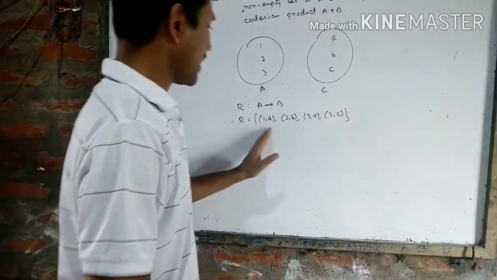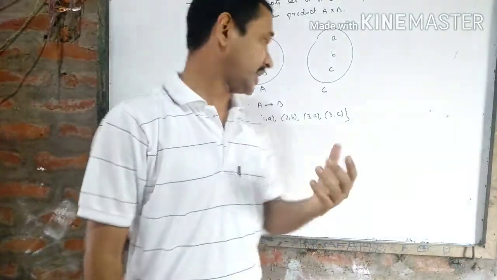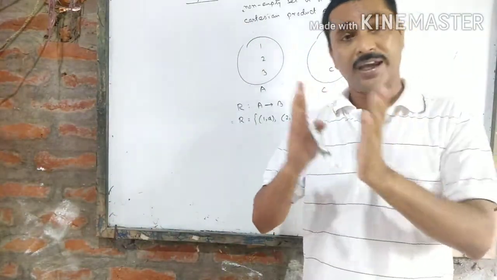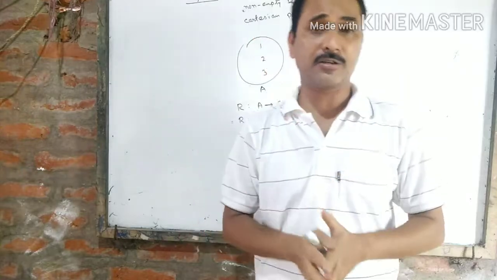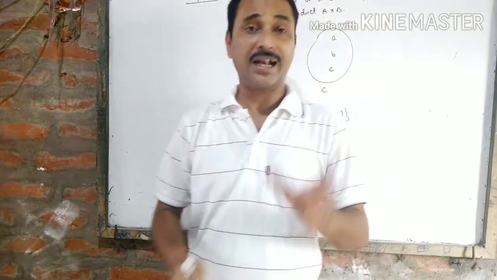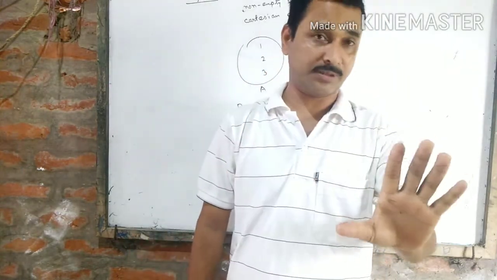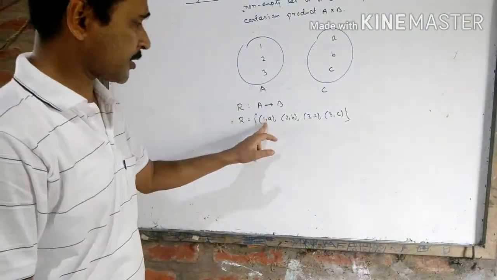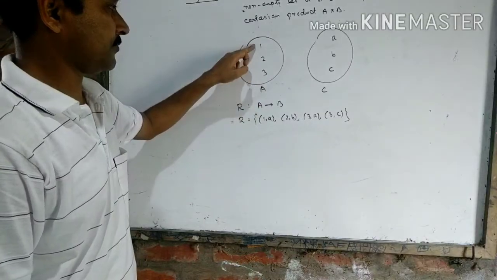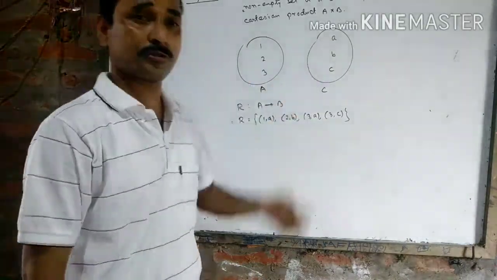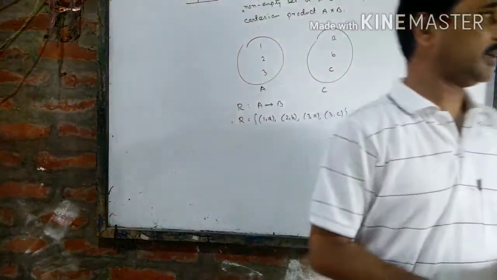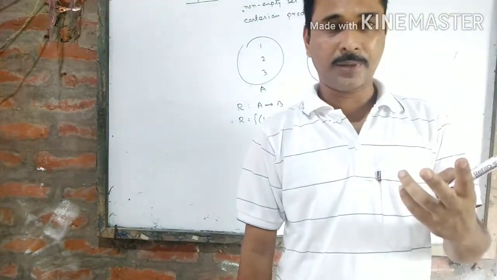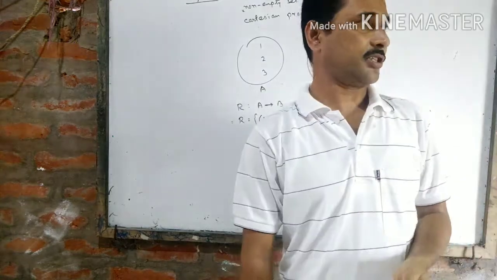All these elements are elements of A cross B. So, clearly R is a subset of A cross B. So, any relation from A to B is a subset of A cross B. And the sets concerned should be non-empty. The first component of the ordered pair belongs to the first set, second component of the ordered pair belongs to the second set. Now comes two terms, domain, codomain and range of a relation.